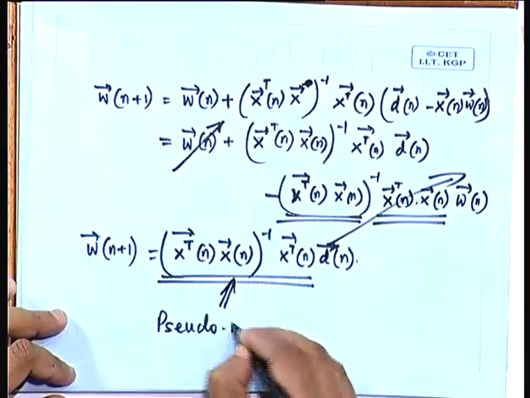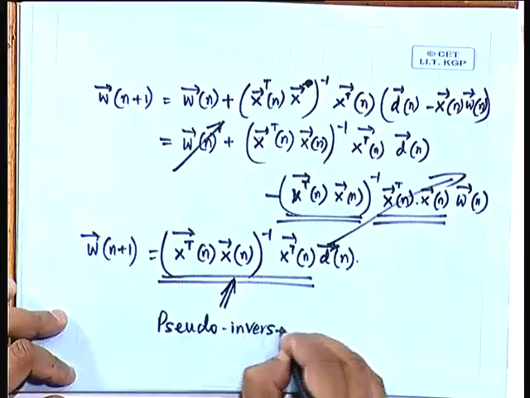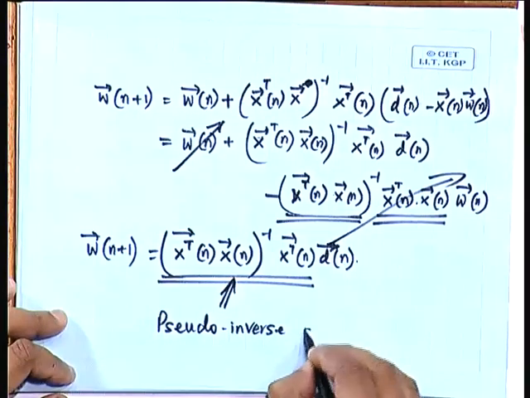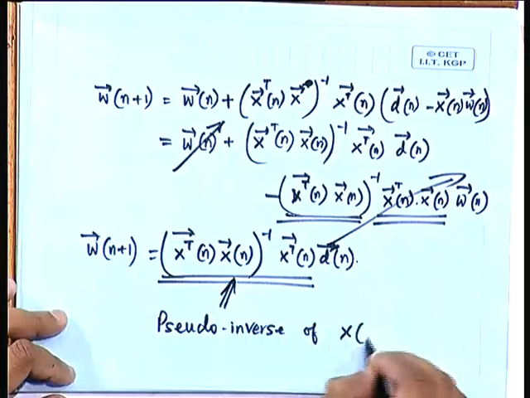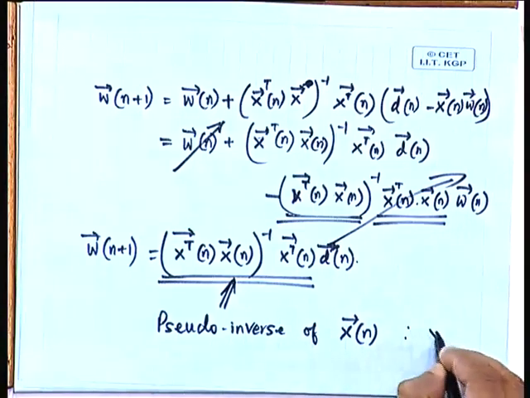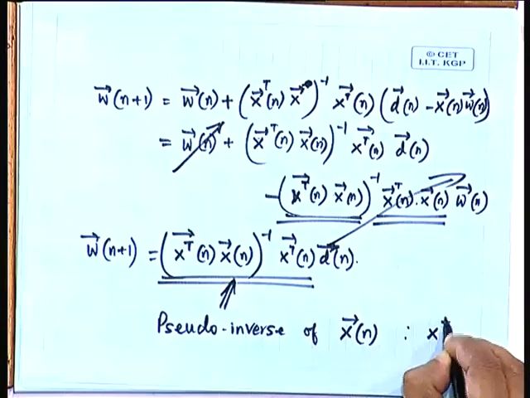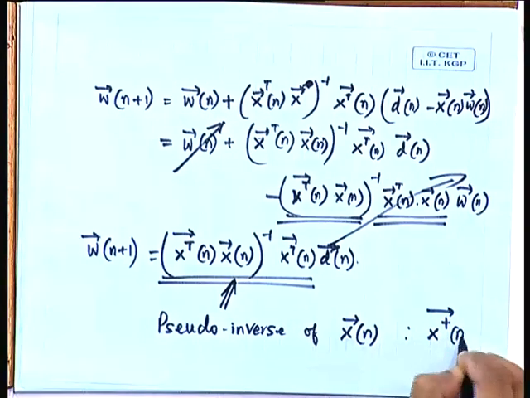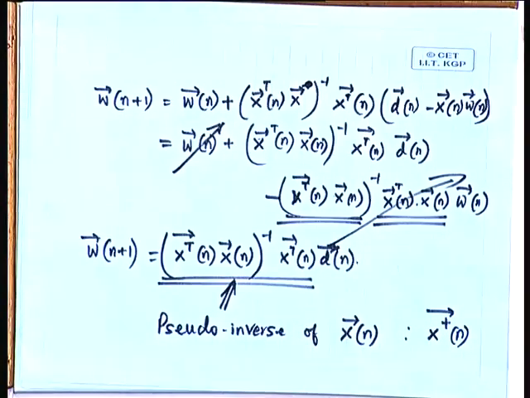In fact, there is a proof for that which some of the researchers had already shown, that this is recognizable as the pseudo inverse of X n, and we are going to indicate that as X plus n, this being the pseudo inverse expression.